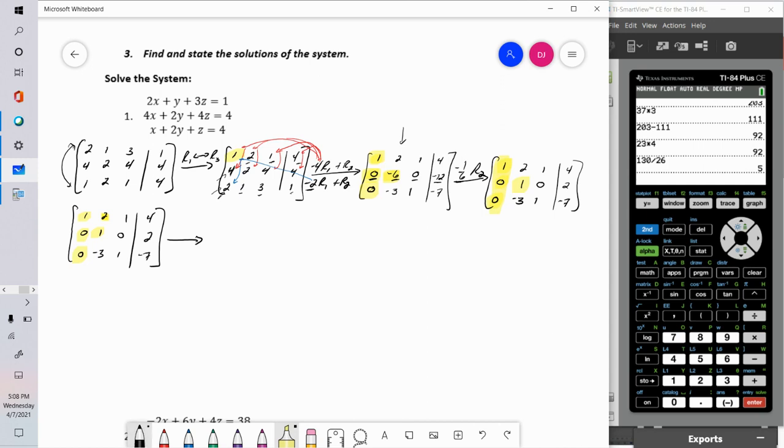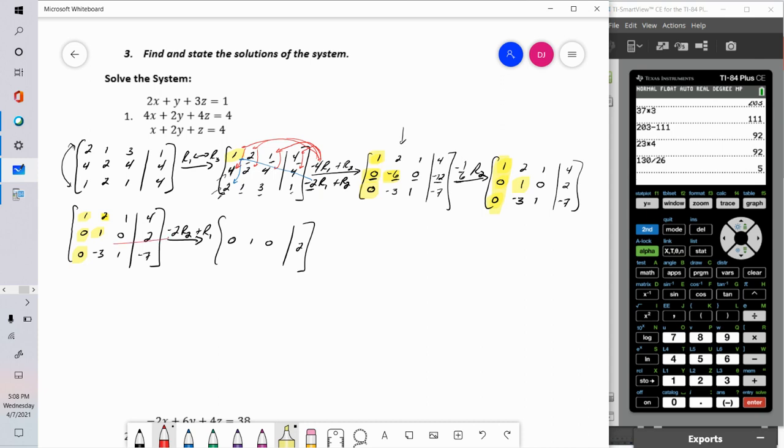I'm going to speed this up a little bit, see if you're catching on. I'm going to multiply the middle row by -2 and add that to the top row. So my middle row will remain unchanged. -2 times row 2.